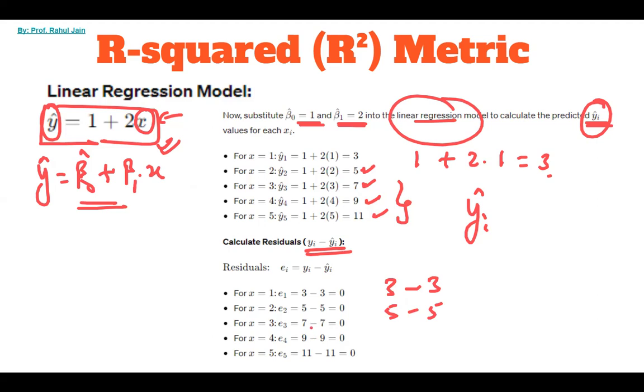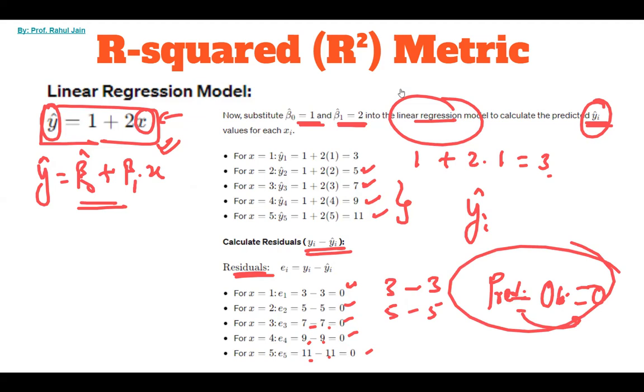For x3, 7 minus 7, x4, 9 minus 9, x5, 11 minus 11, that is 0. So here 0, 0, 0, 0, 0. So the residuals we are getting are 0. It means that the difference between the predicted value and the observed value is 0. If the difference is 0, it means it is the ideal condition, meaning the model exactly predicted the actual values, right?